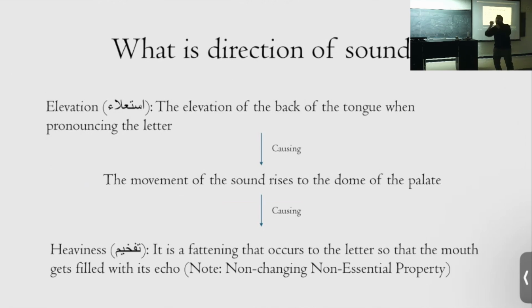What causes the sound to actually hit the upper palate is the elevation of the back of the tongue. When it elevates, it causes the sound to hit the dome of your upper palate, and then you get the thing. So the elevation of the back of the tongue causes the movement of the sound to the dome of the palate.